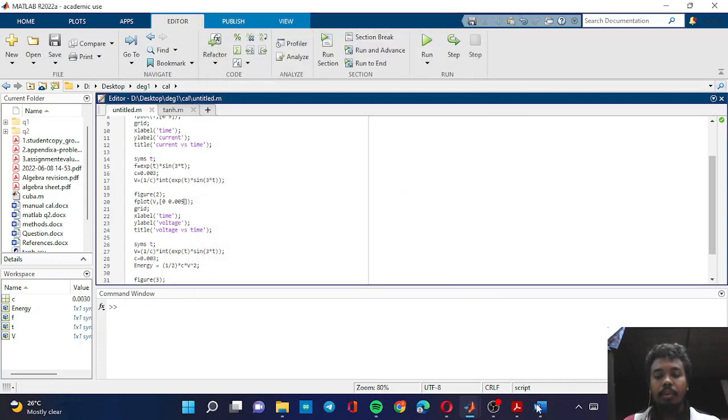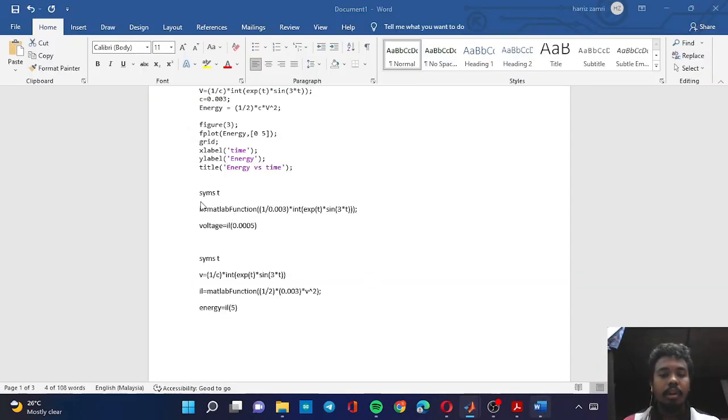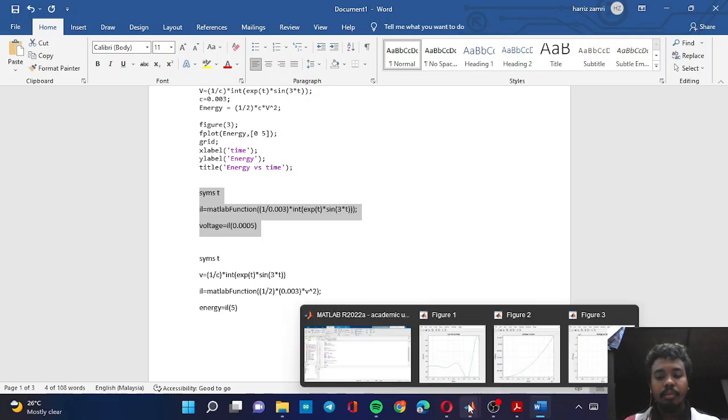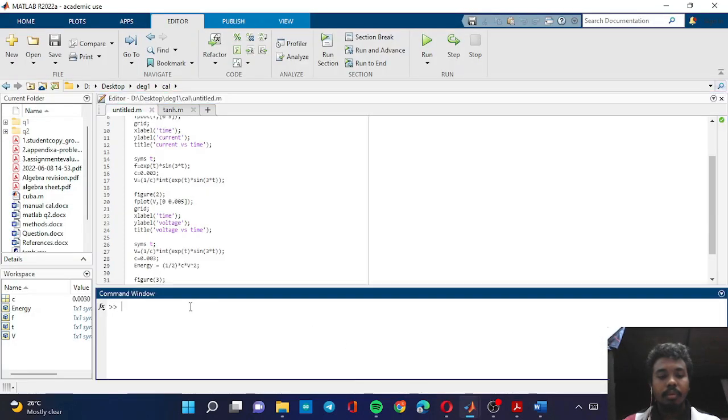And if you want to check the coordinates, I already did it, so it will be like this. It will show the same output voltage as I showed you before in the graph.